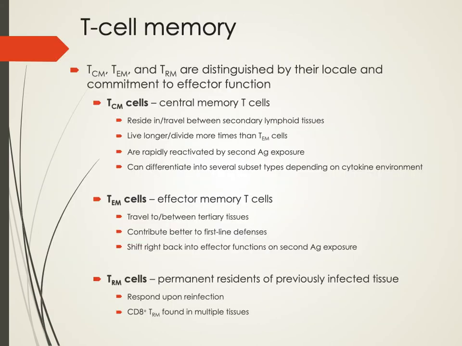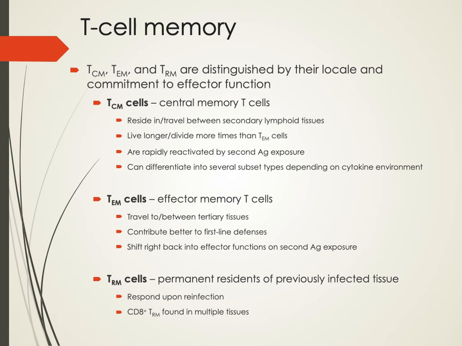For our T cell memory, we have different subsets depending upon their location and commitment to effector function. Our central memory T cells reside in and travel between secondary lymphoid tissue, so from one lymph node to another.